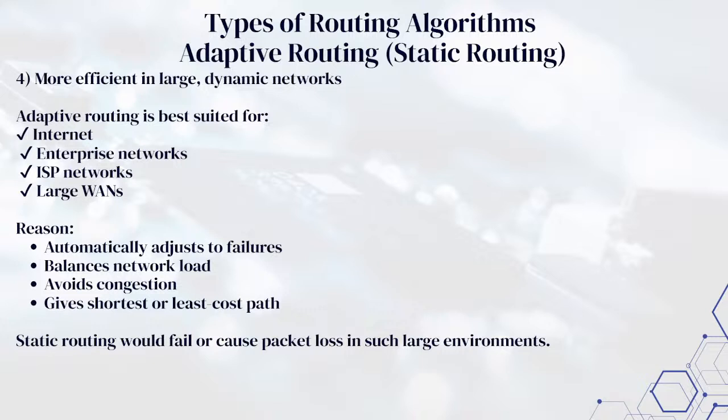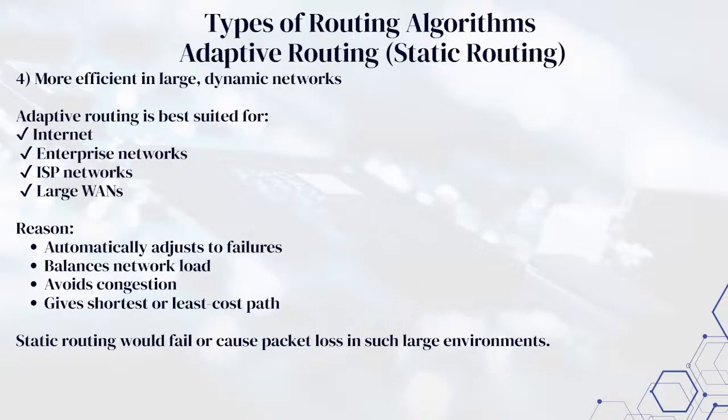Now, static routing would fail or cause packet loss in such a large environment. That is also a problem. When it comes to dynamic routing, it gives all the plus points, but static routing fails.